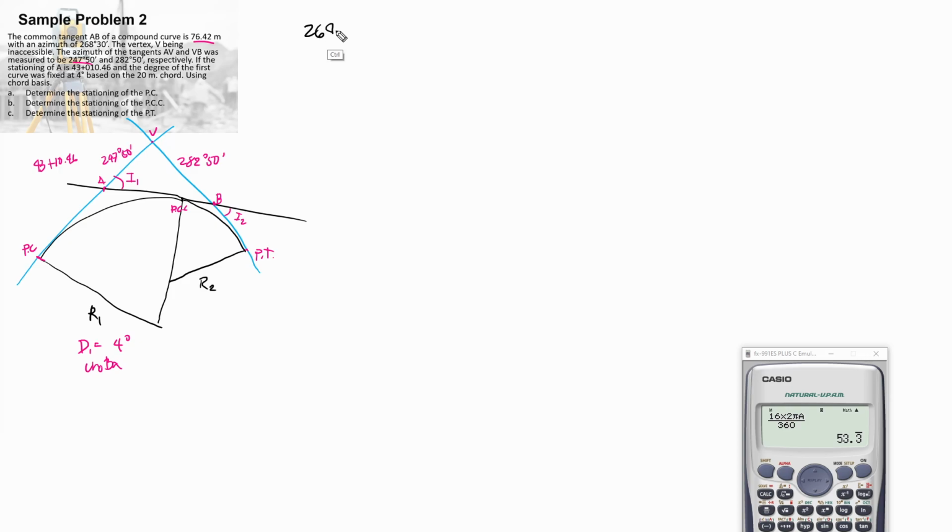So, 268 degrees and 30 minutes minus yung 247 degrees 50 minutes para dun kay I1. And then sa I2 is, dahil mas malaki pala yung 282 degrees 50 minutes, 282 degrees 50 minutes minus 268 degrees 30 minutes.